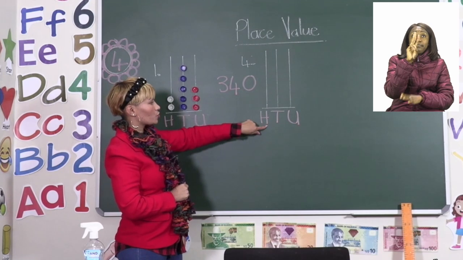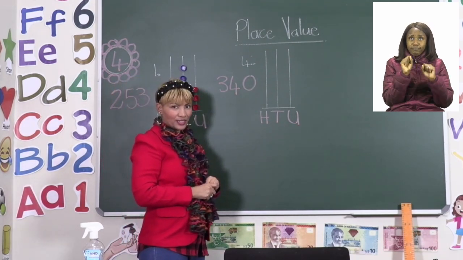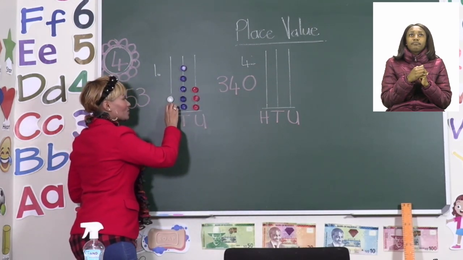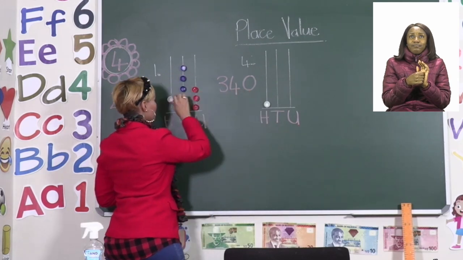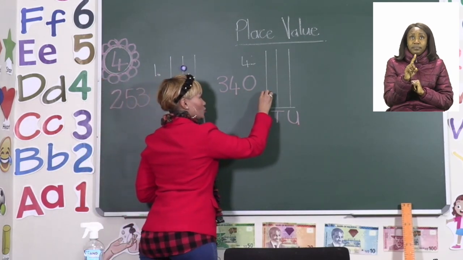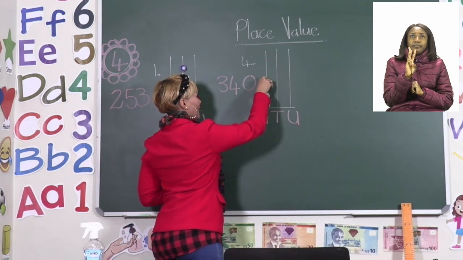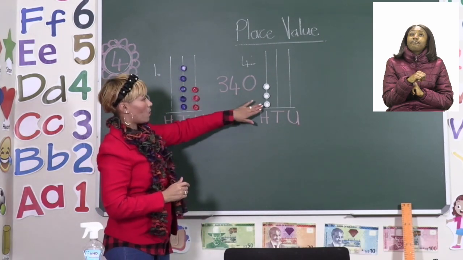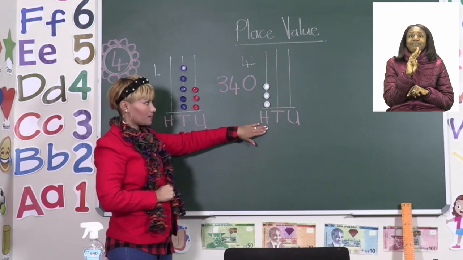So we have to draw 3 dots in for our hundredths. So I'm going to go ahead and use the ones that we used up here. So I'm putting in 1, 2, and then I have a third one, 3. So we have 1, 2, 3 for our hundredths.